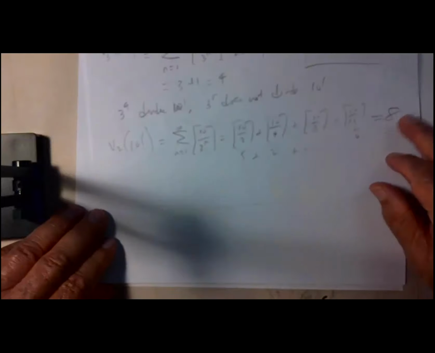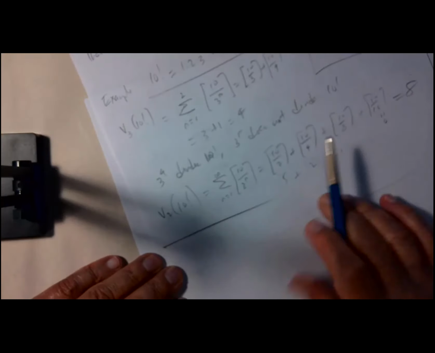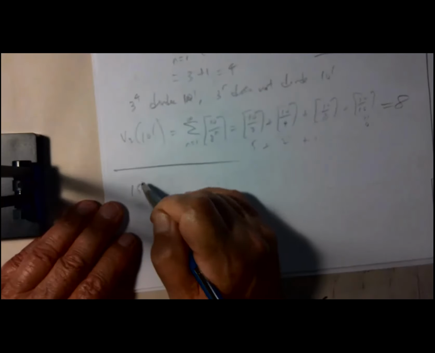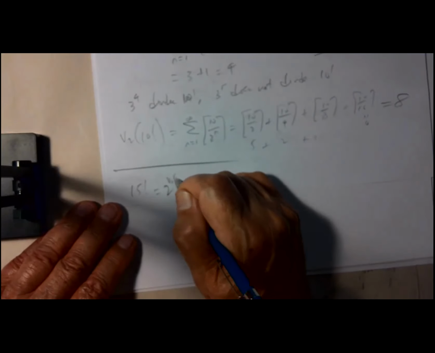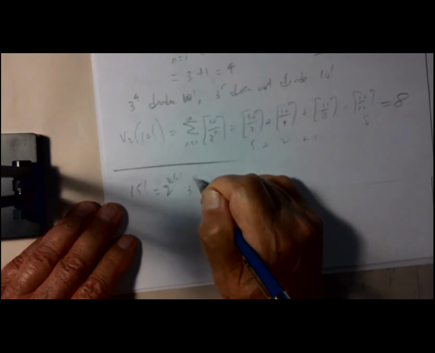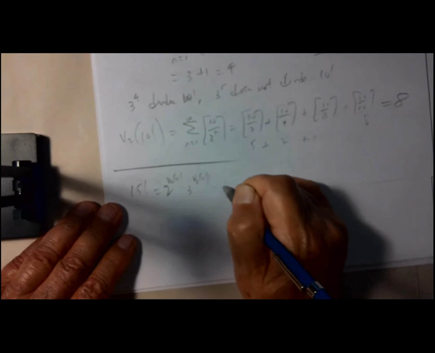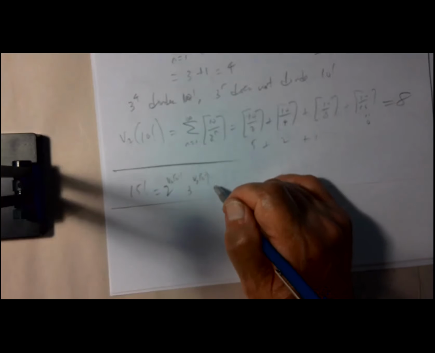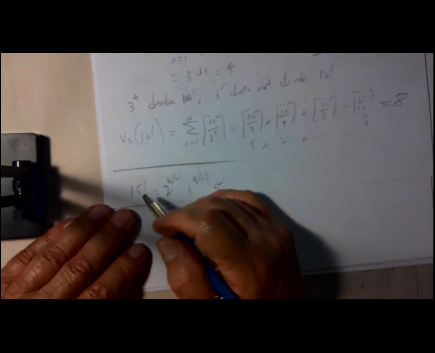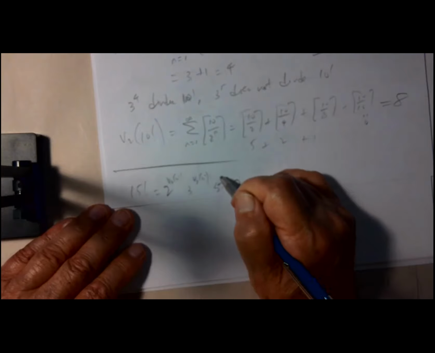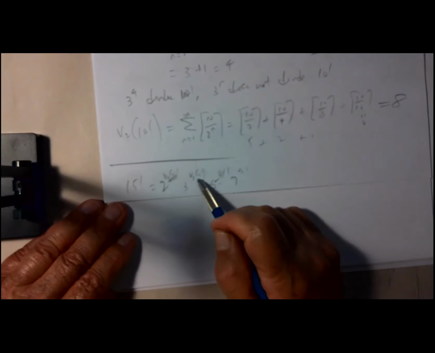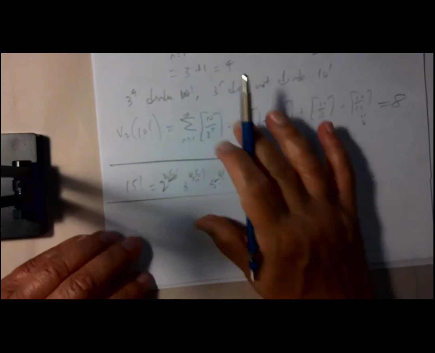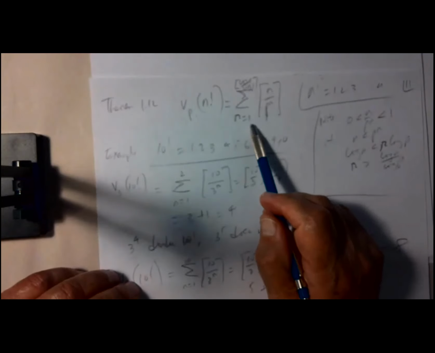What that means is, 15 factorial is 2 to some power, 3 to some power, and so forth. Actually, the only primes that divide 15 factorial are 2, 3, 5, and 7. You have to compute these exponents, and you compute them from the theorem.